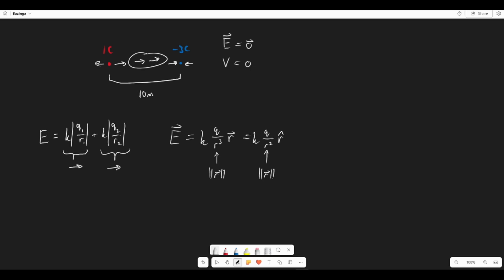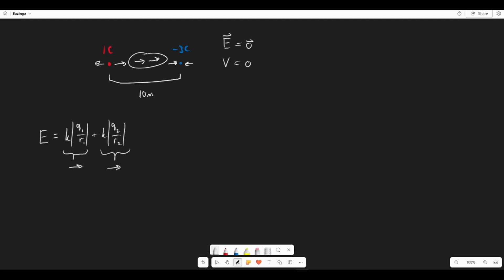But this is some advanced vector mathematics, and you don't necessarily need to know this for Science Olympiad. I will also mention just briefly that similarly the force vector is K Q1 Q2 by R squared R hat, or you could also write Q1 Q2 by R cubed R vector. But to simplify things in one dimension, we just make these both absolute values, and we assign the sign based on what we know.